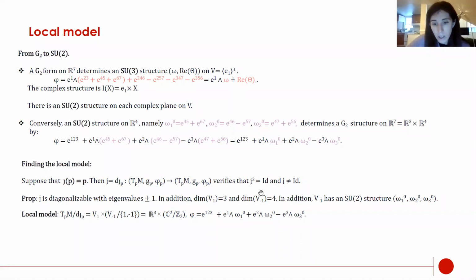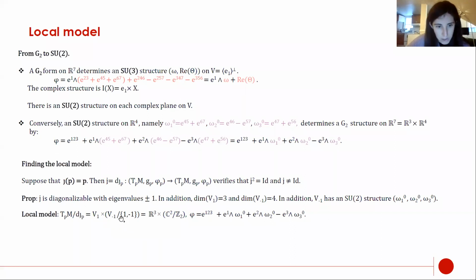In addition, the eigenspace associated to -1, which is four-dimensional, has an SU2 structure that I will call the standard one. So the local model is the quotient of the tangent space at the point P by this linear involution. Then we can split the tangent space as the product of the eigenspace associated to 1 and the eigenspace associated to -1.